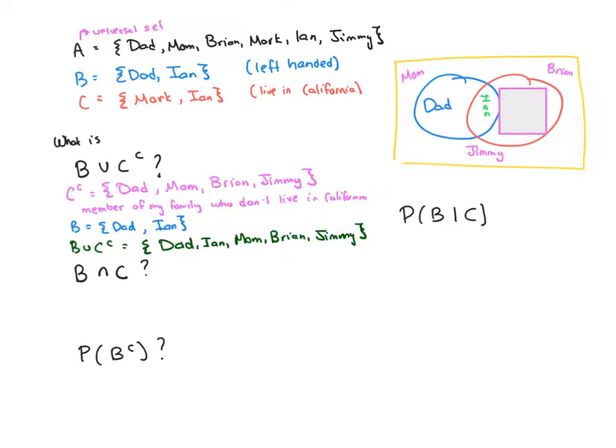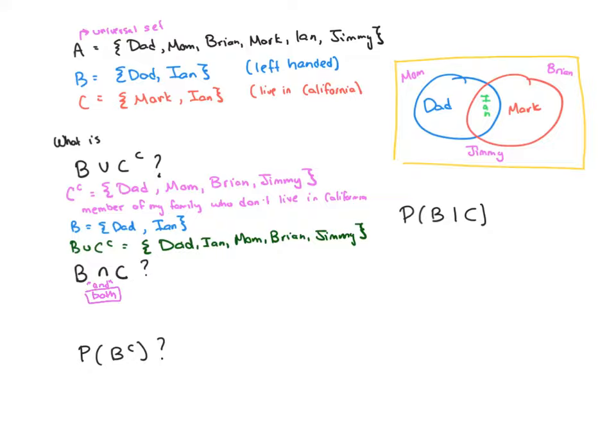All right, so let me go ahead and get rid of this rectangle here, and then we can look at the next example. The next example is B intersect C. When we think of intersect, we want to think of it as and, but that can get a little confusing sometimes, because I don't want to think of the stuff in B and the stuff in C. I want to think of the stuff in both B and C. So the people who are both left-handed and live in California.